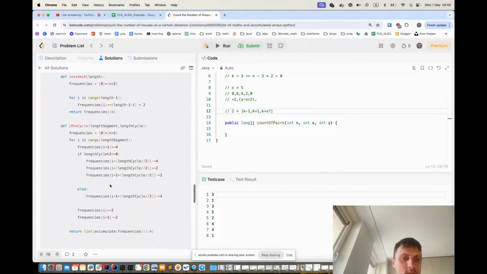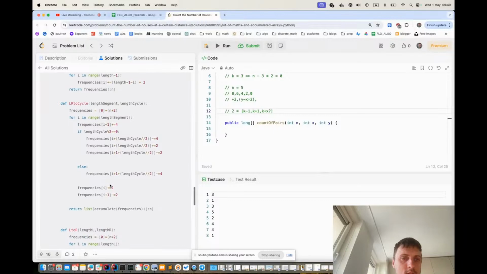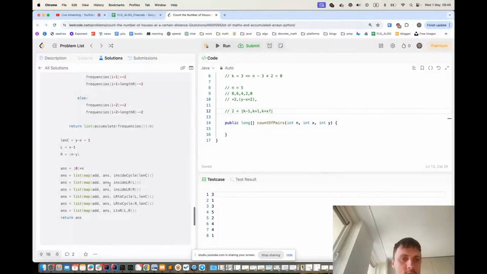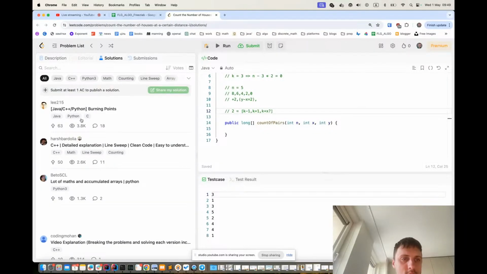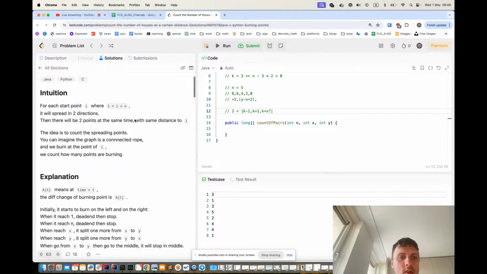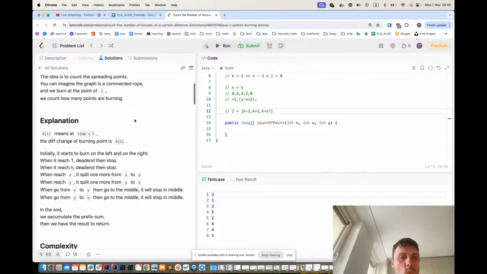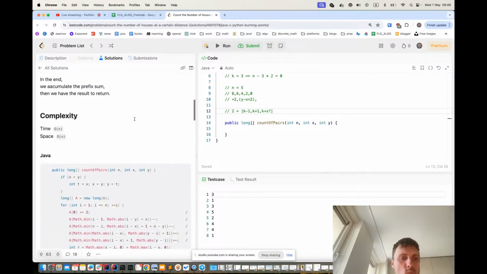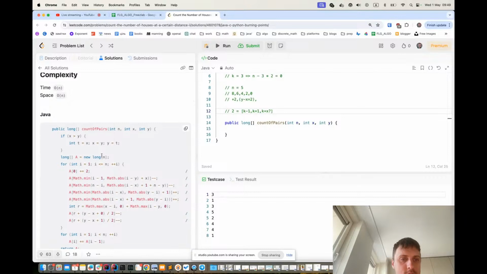Okay. Yeah, it's too complicated, I think. This one. Count of pairs.